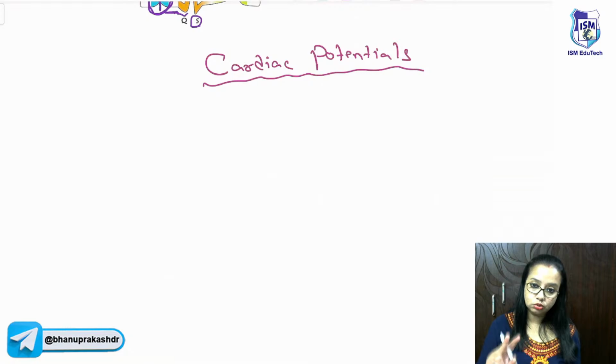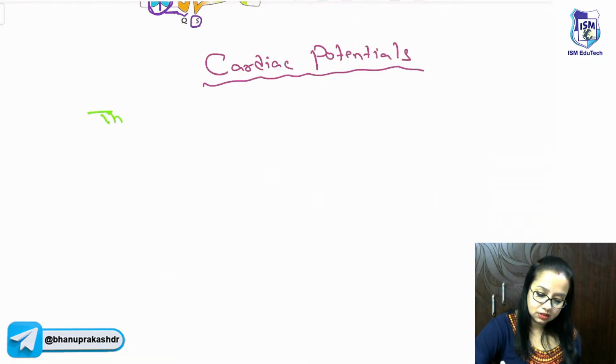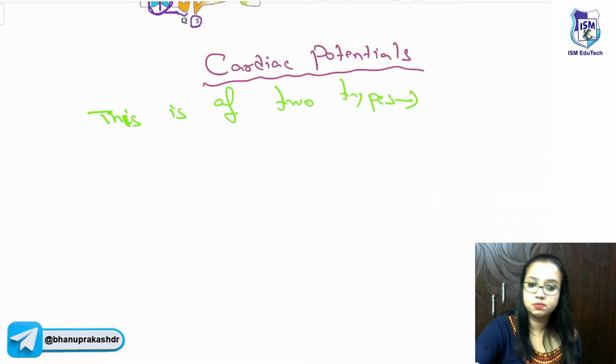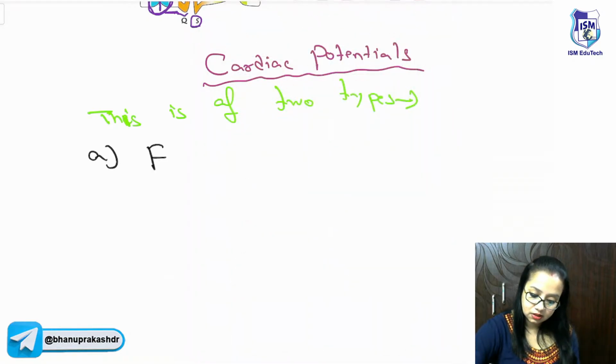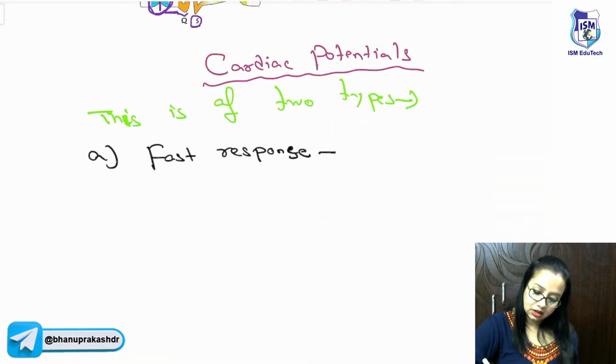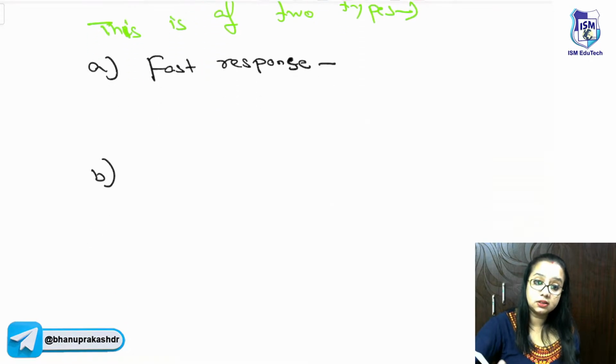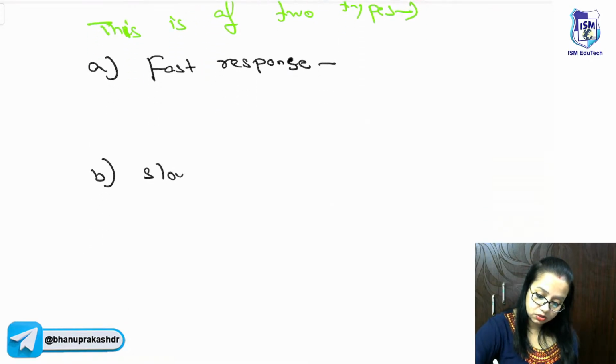They are of two types. One is the fast response. Another one is the slow response.